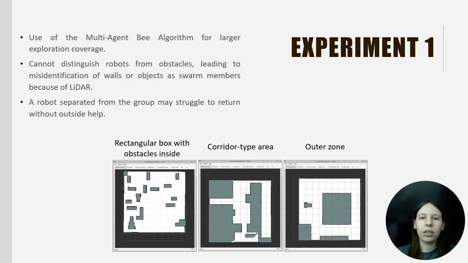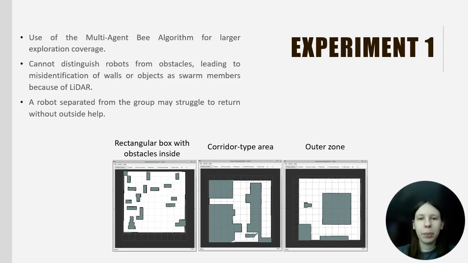Since LiDAR does not distinguish between robots and normal obstacles, robots may mistakenly see walls or other objects as other members of the swarm, which can sometimes alter their assessment of the area and cause one robot that has separated from the group to be unable to return to the swarm without outside interaction.